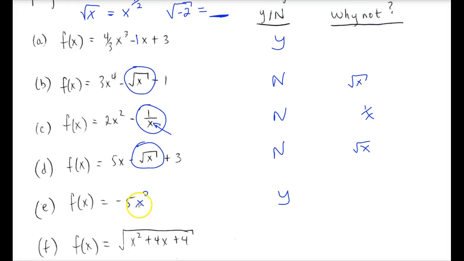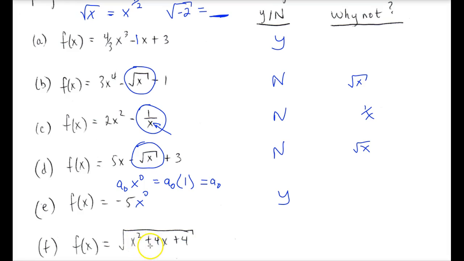So the degree of this polynomial is 0, which means it doesn't necessarily have to cross or touch the x-axis at any time. Since x raised to the 0 is equal to 1, okay?